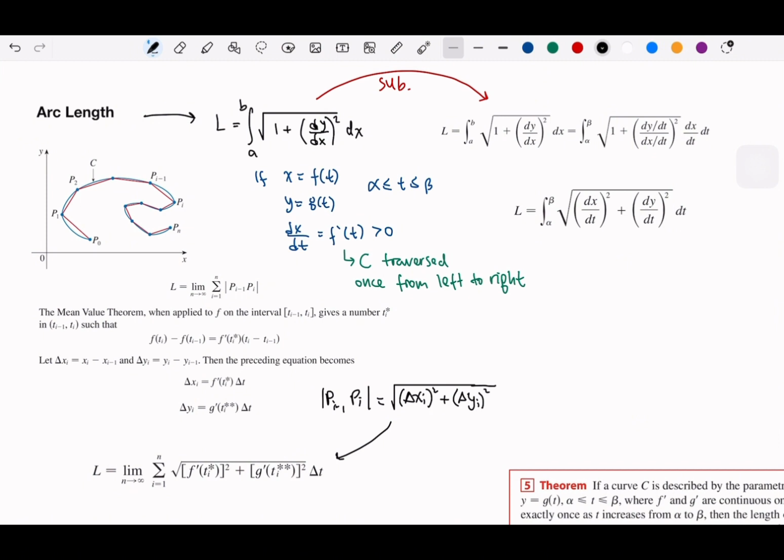And then change the delta with the substitutions, delta x and delta y, we substitute with the ones we get from the mean value theorem, and then we get the final conclusions.